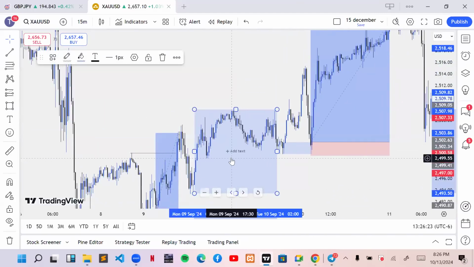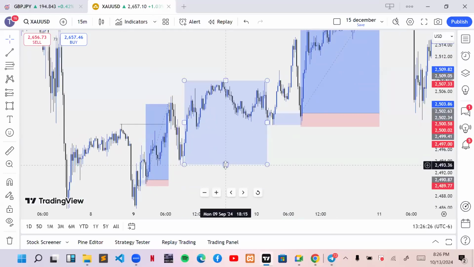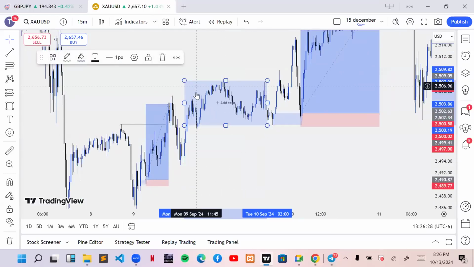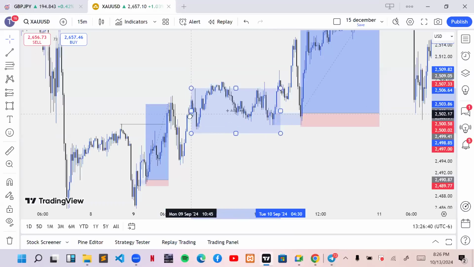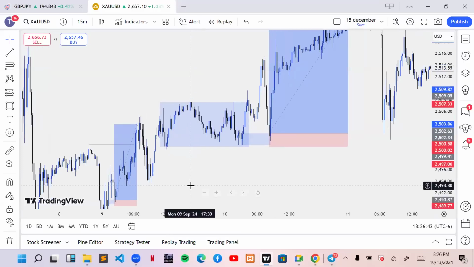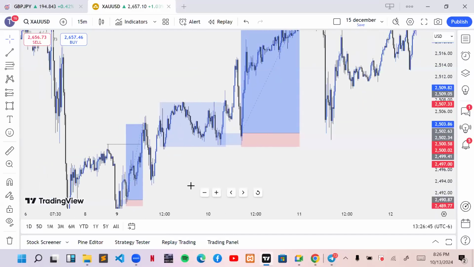You can see the market moving from this resistance level down to this support zone, again and again. You can see it's not trending high, neither is it trending low. It's just in a particular fixed range. That is what a consolidation is. That's what a range is.